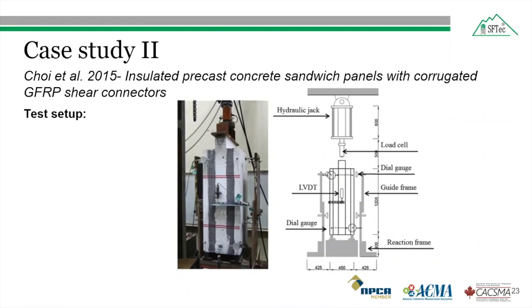A displacement rate of 5 millimeter per minute was used for the specimen. A vertical load was applied through the load cell and steel block in line with a 1000 kilonewton hydraulic jack to the top surface of the inner concrete bead to produce direct shear force across the interfaces.